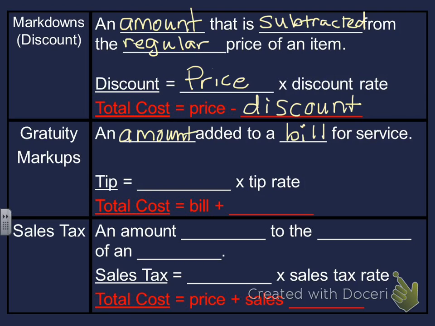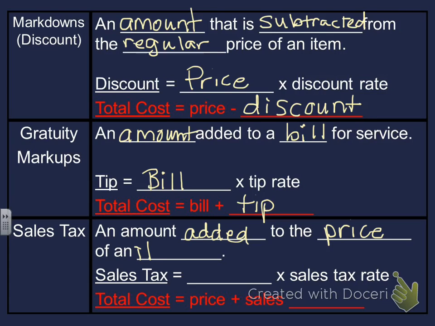And to find the tip, you take the amount of the bill and you multiply it times the tip rate. And then finally, to get the total cost, you take the price of the bill and you add the tip to that.